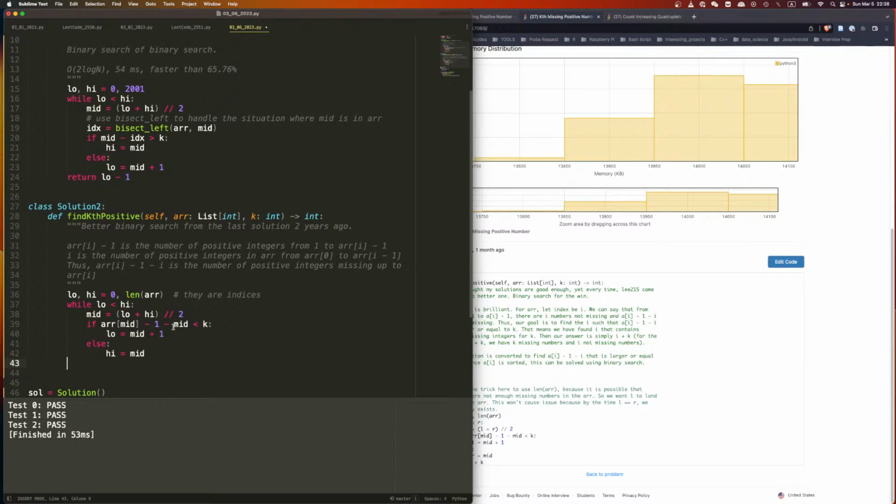All right, eventually, if it's too small, that means we don't have enough. Now we'll come out, we'll come out the low minus 1.